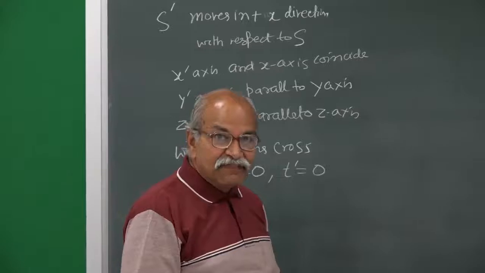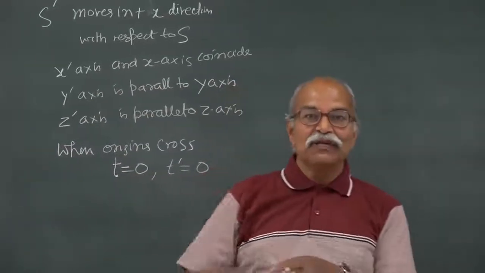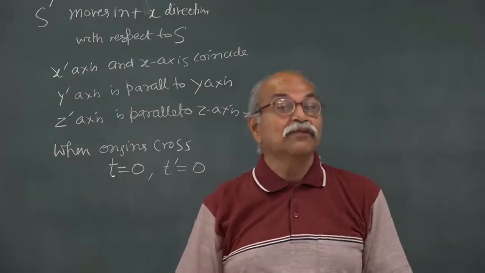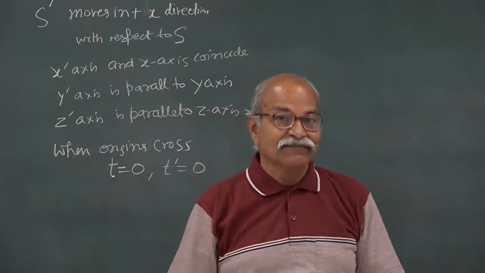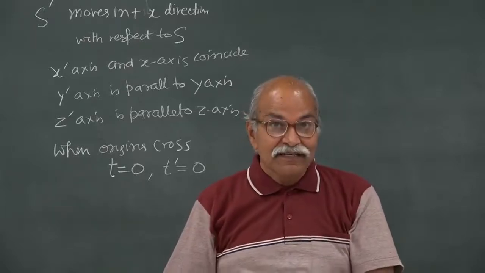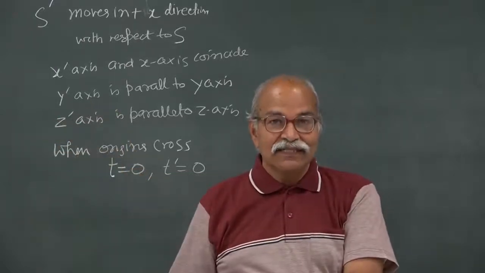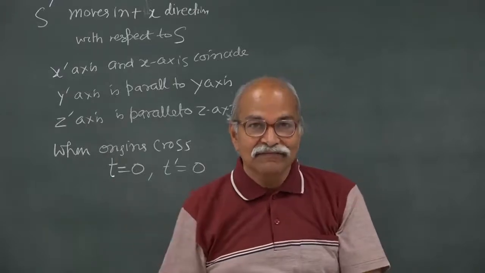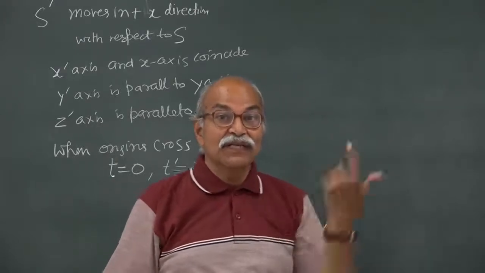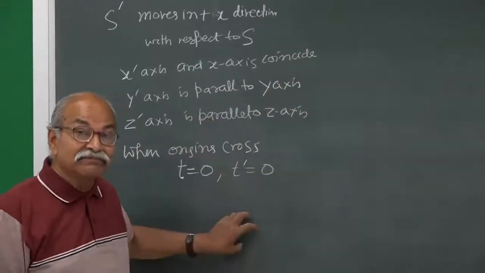What if these conditions are not met and I have to work from a frame which is moving with respect to S, but perhaps not in the x direction? Perhaps the orientation of the axes is different, and the x prime axis is not coinciding with the x axis and is at some angle. Then the Lorentz transformation equations that we had written will not have that form.